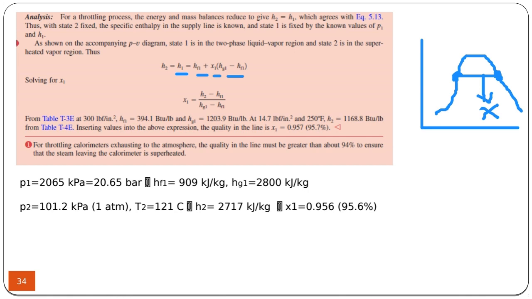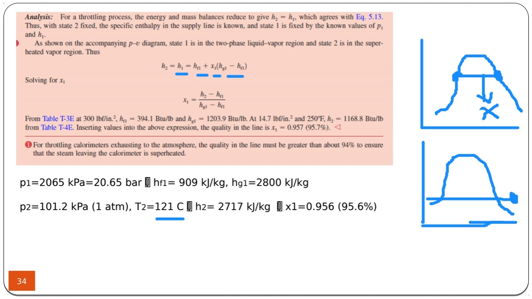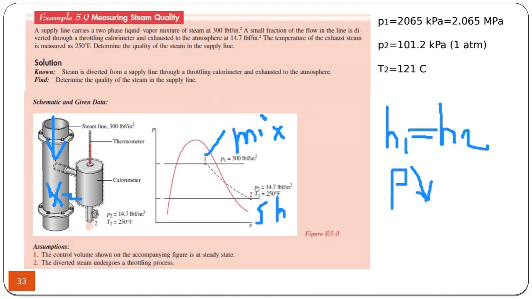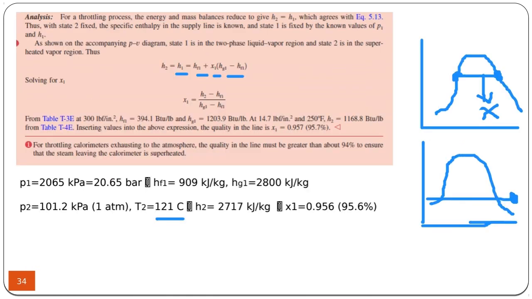At the exit, we have atmospheric pressure, a lower pressure. The exit steam temperature is given to you, and if you use the exit pressure, you can find the enthalpy of the exit steam.